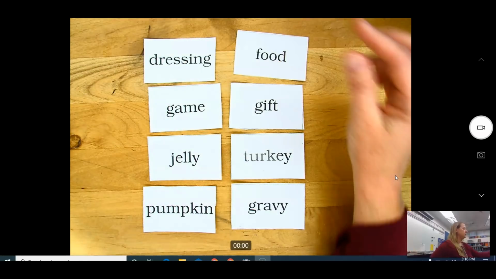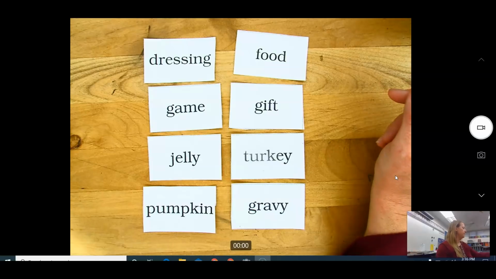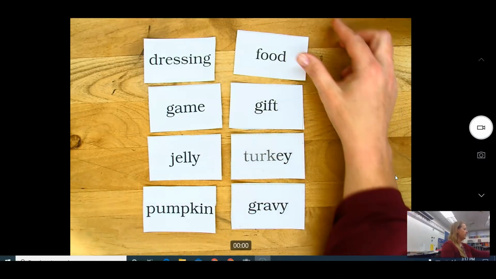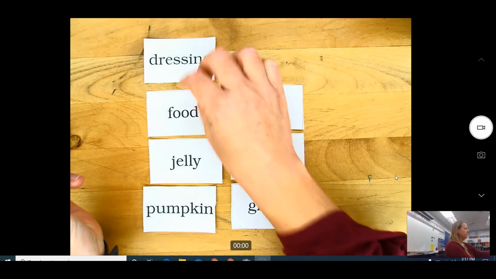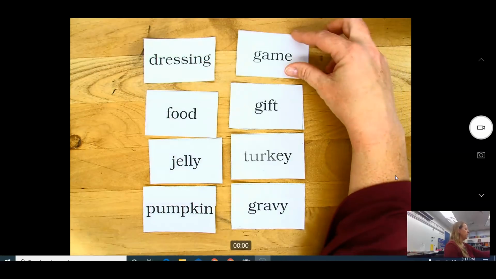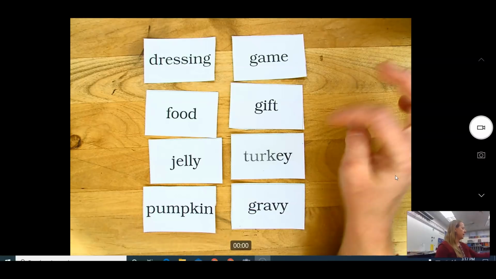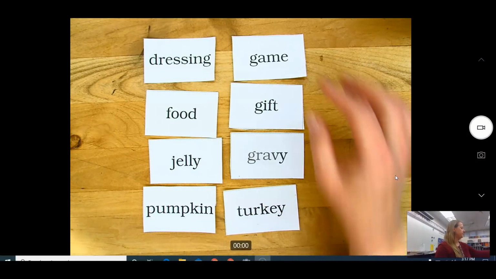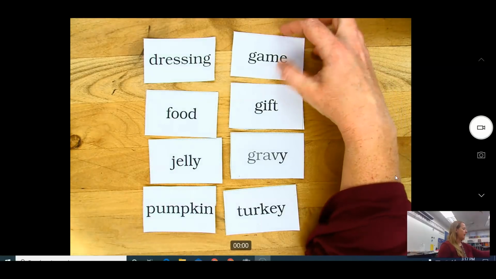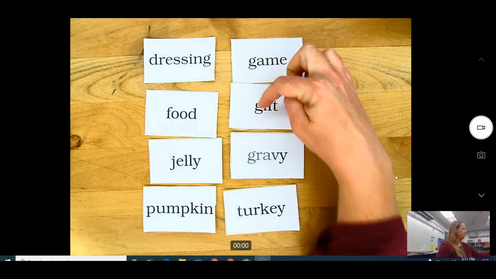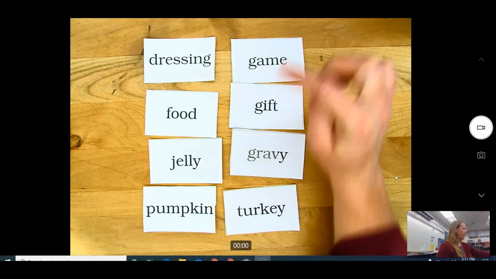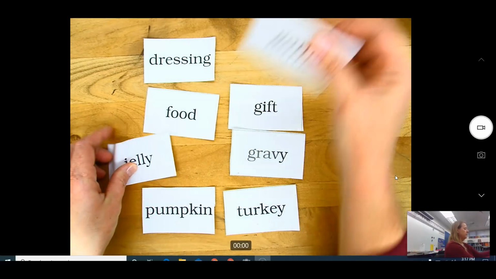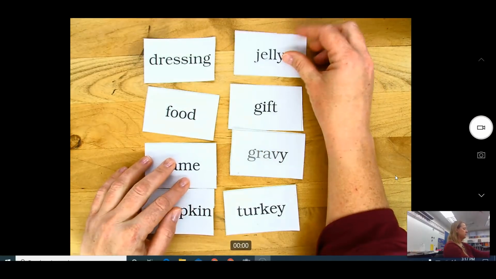D is dressing. D, E, F. We have an F for food. E, F, G. Okay, so we have 3 G's right here. We have a GA, a GI, and a GR. A comes before I and R, so game goes next.